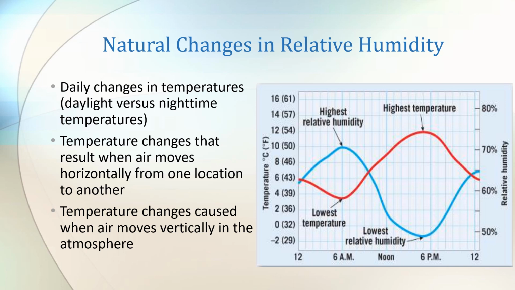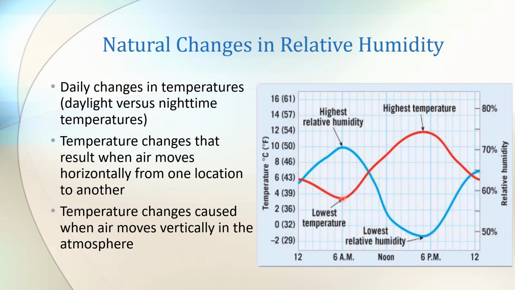For example, this is just an example in one place. In here, in the vertical axis, you can find the temperature on the left side and the relative humidity on the right side. And in the horizontal axis, this is the time, 12 midnight, 6 a.m., noon, 6 p.m., and 12 again. So there is the lowest temperature here in the morning.